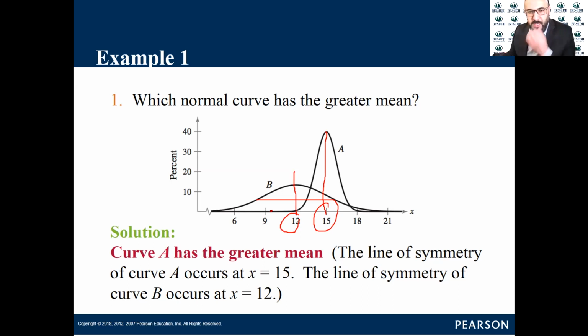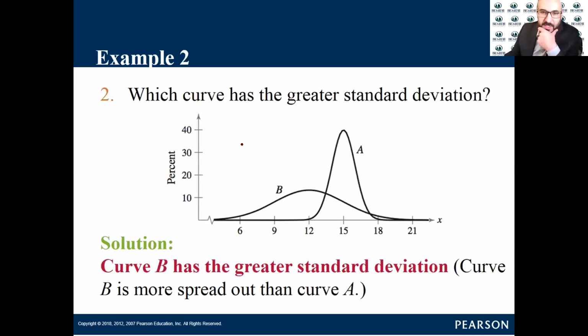Now moving into another question. If we said which one has a greater standard deviation, which means which one has more variation, the flatter one would be the one. We said the standard deviation is the spread of the data.